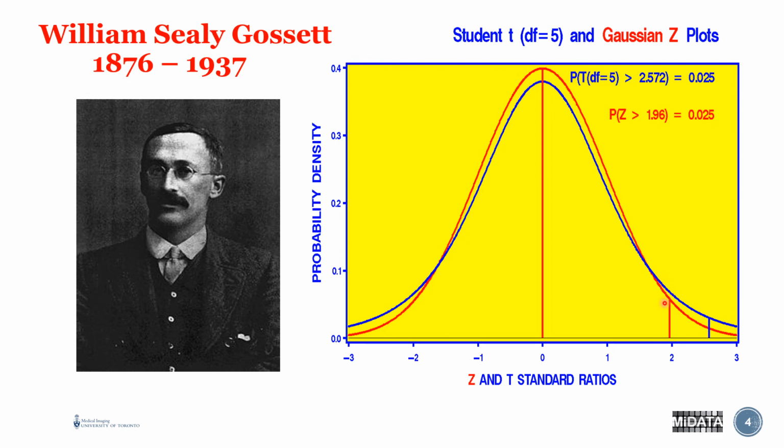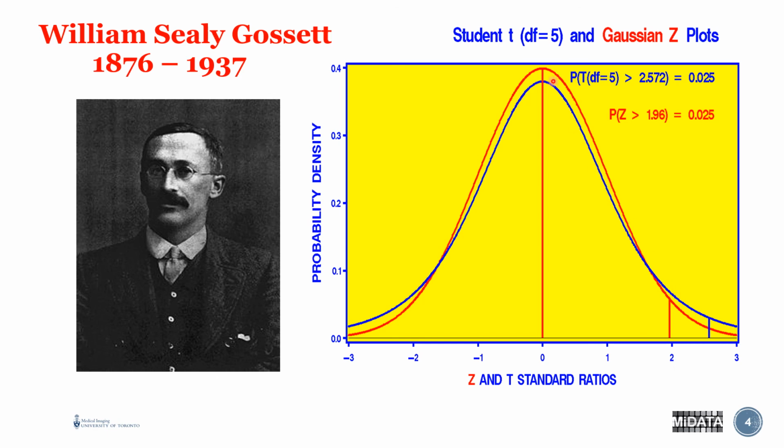But if you use the same cut point, the percent area in the tail is going to be much greater. And you realize, whoa, that's a problem. And he wants to work with small sample sizes because in his work at Guinness, he just couldn't justify sampling very large samples all the time to get an estimate, as well as he realized he doesn't know the theoretical value of the variance of the population.